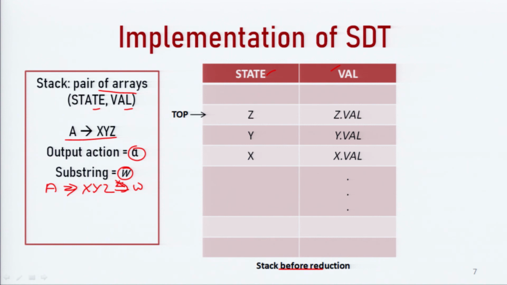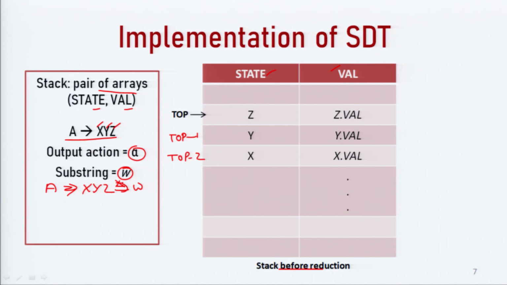Before the reduction, on the stack we have Z, then Y and then X, and in the val portion we have the associated translation value for the respective non-terminal. So, this is top, this is top minus 1 and this is top minus 2.